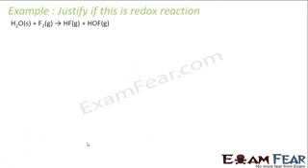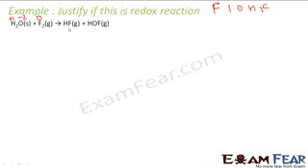So we have to justify if this is a redox reaction. So let's find the oxidation number of all, using the formula we have. So this is O -2. This is -2. Overall has to be 0. It becomes +1. Overall it is 0. This is fluorine free state 0. HF.